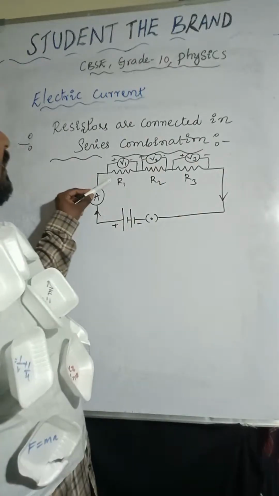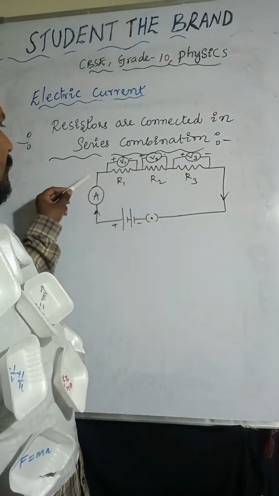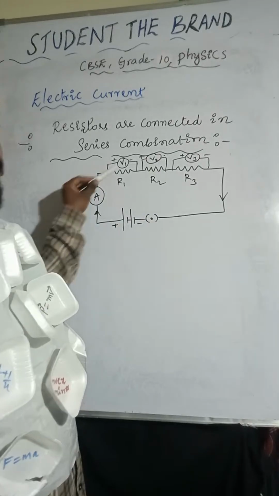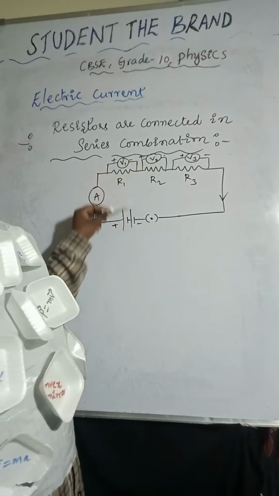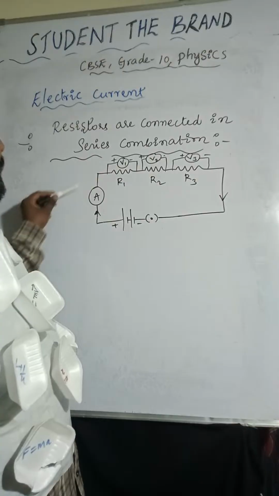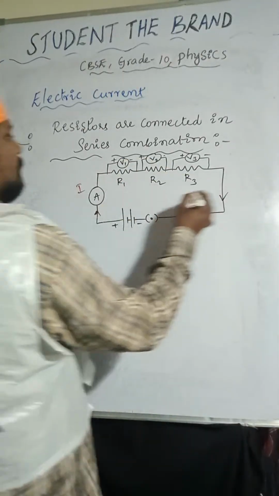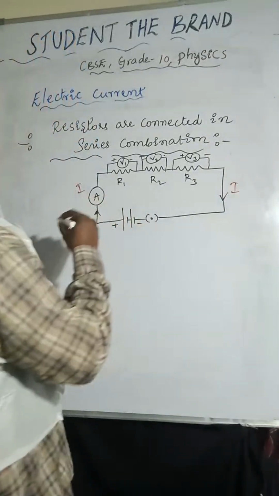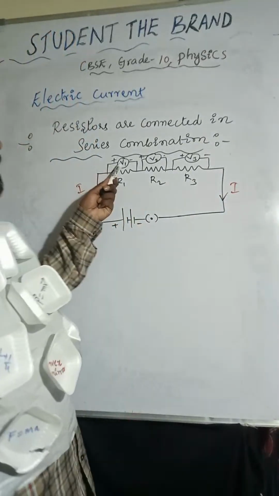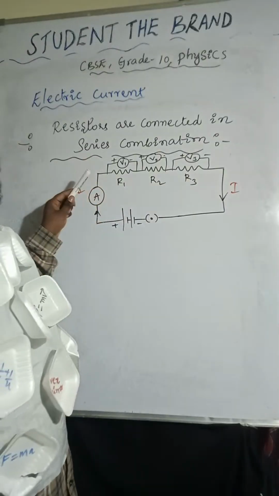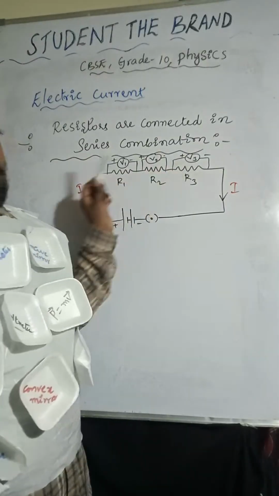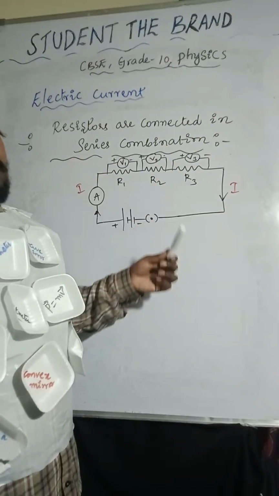In this case R1, R2, R3: three different resistors are connected in series combination. Current is the same throughout the circuit. Potential difference is different, and there are three different resistors.